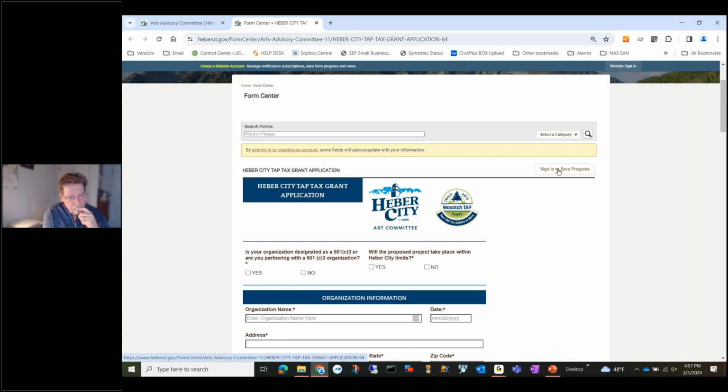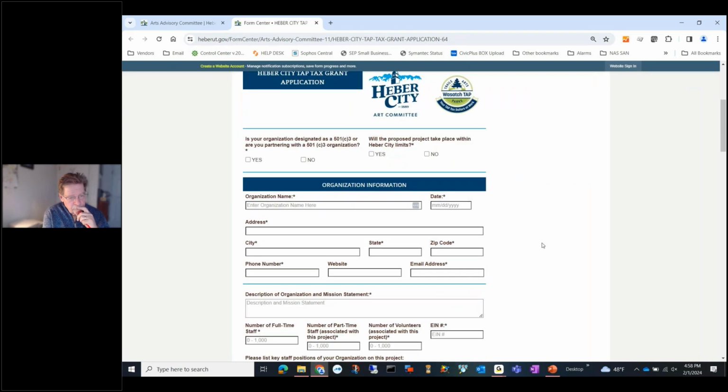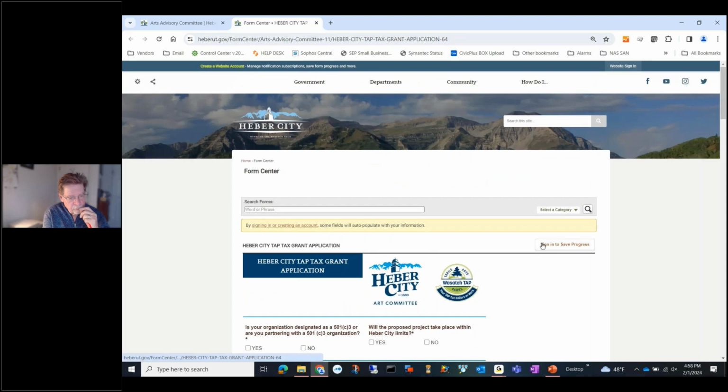Basically, your name, email address, and a password that it'll create for you. And then you can come back and save your application, so you don't have to re-enter anything.